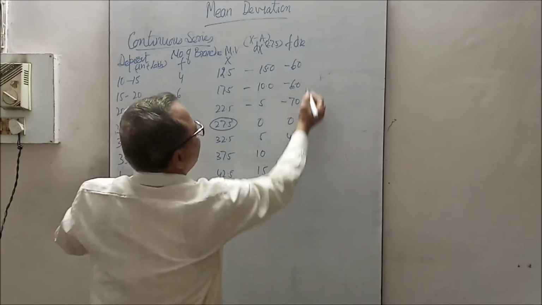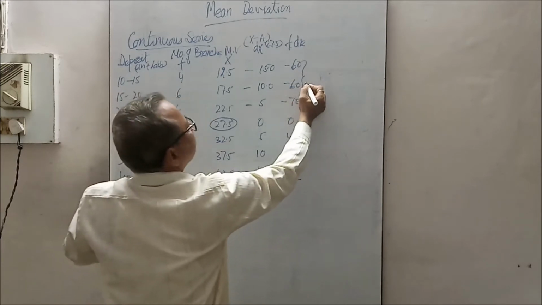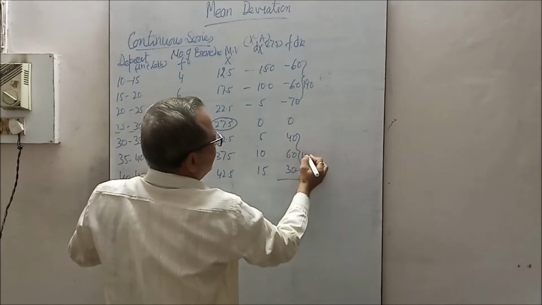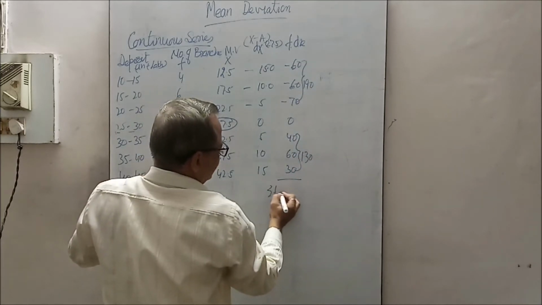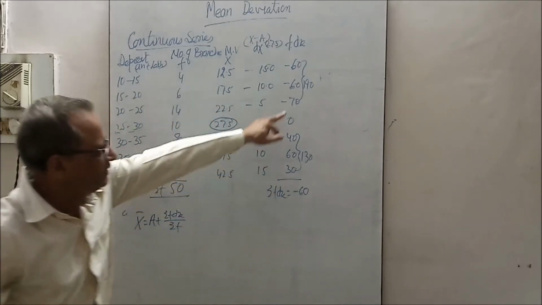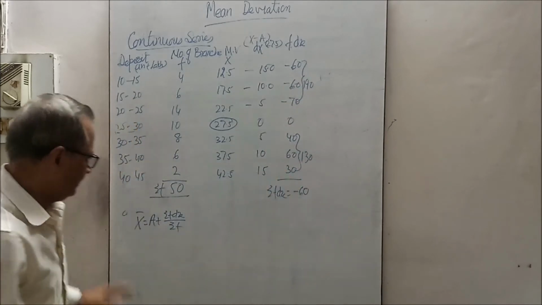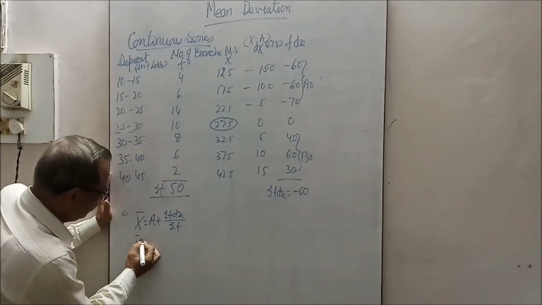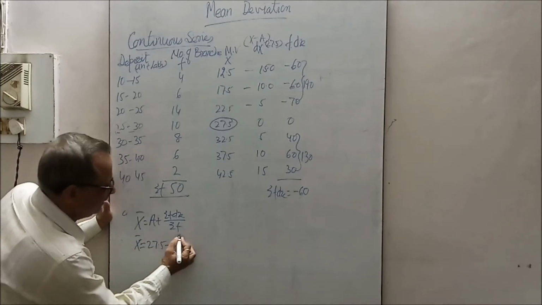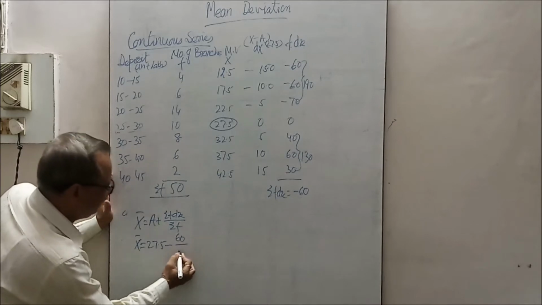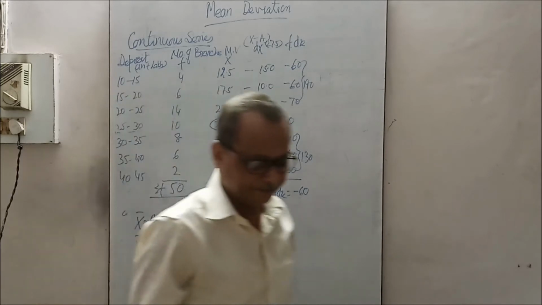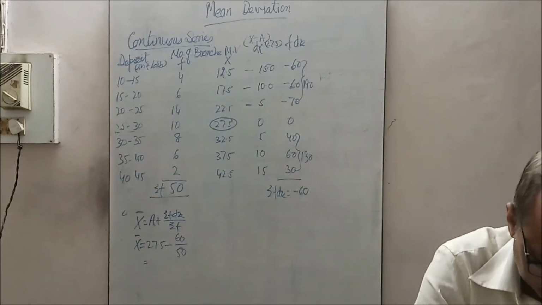The total of negatives is minus 190 and of positives 130, so summation f dx is minus 60. Then mean is equal to assumed mean 27.5 minus 60 upon 50.